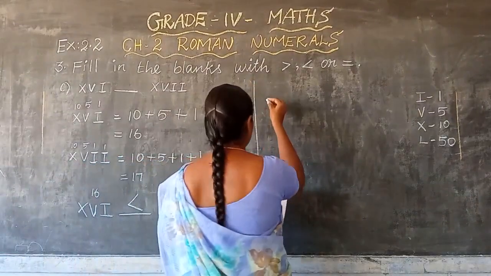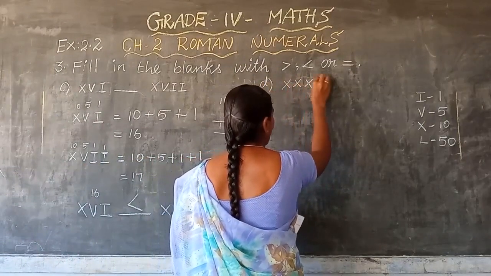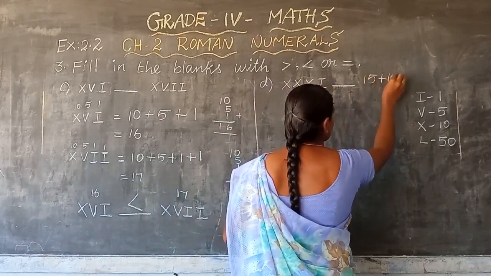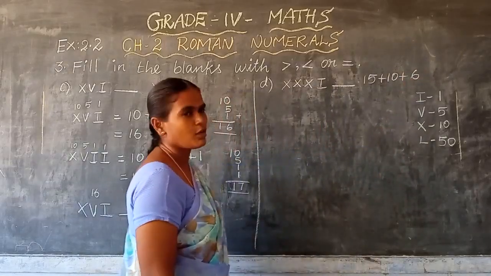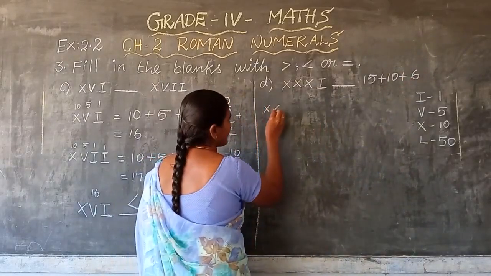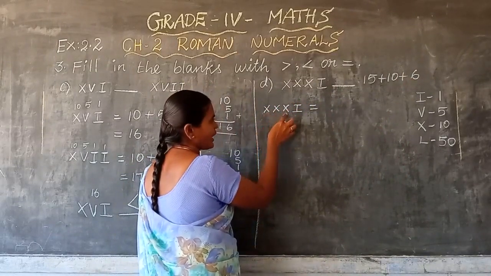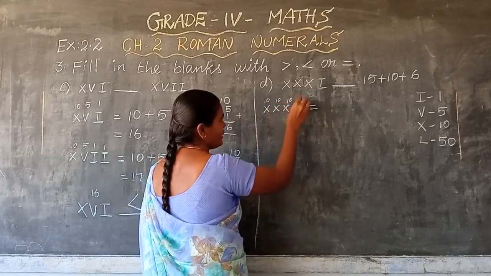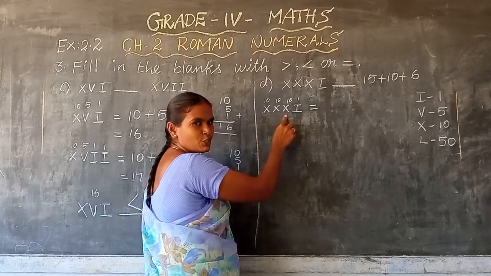Next sum. XXXI. On the other side, 15 plus 10 plus 6. Now do the calculation. XXXI. Here given 3 times X. X value 10, I value 1. Repeated 3 times means addition only.